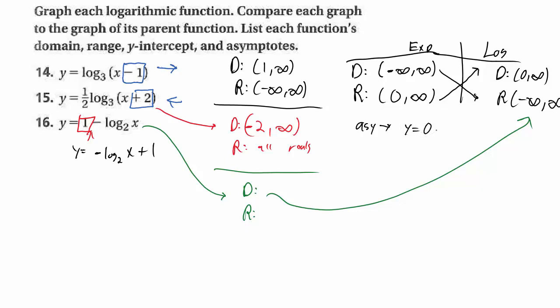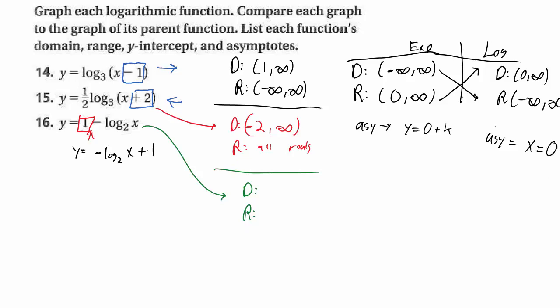So it's usually y equals 0, but whatever vertical shift you give in an exponential function will change the horizontal asymptote. Similarly, in logarithmic functions, your asymptotes are going to be the line x equals 0 because the domain and the range are swapped.